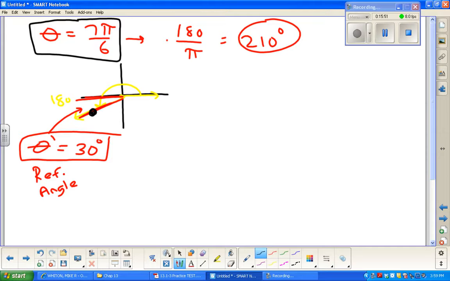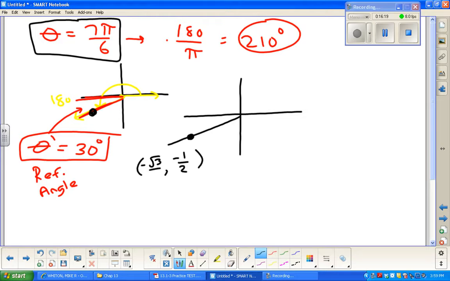Okay, now you can use the values from the 30 degrees, but for our actual angle, they're both going to be negative because the x's are negative and the y's are negative in quadrant 3. So if you go on your unit circle, down at 210 degrees here, remember the coordinates there: the y value is negative 1/2, and the x value is negative root 3 over 2.